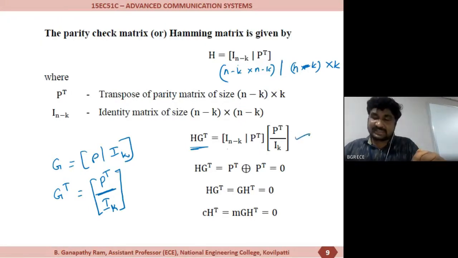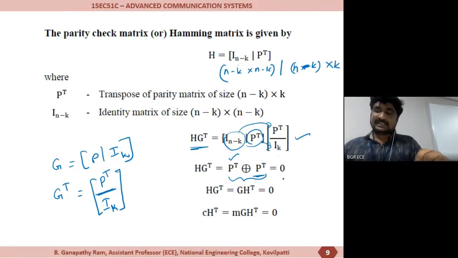The multiplication of I of n minus k with P transpose produces P transpose, and the multiplication of P transpose with Ik again produces P transpose, which are added with modulo 2 sum, providing an equivalent of the 0 matrix, because both are the same.